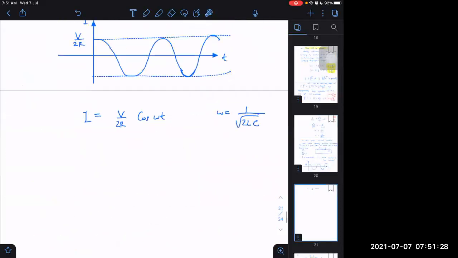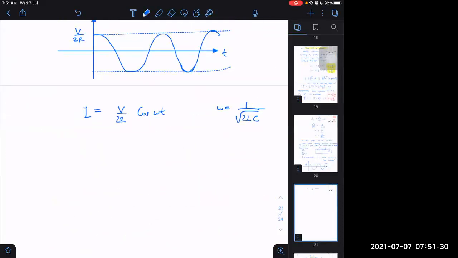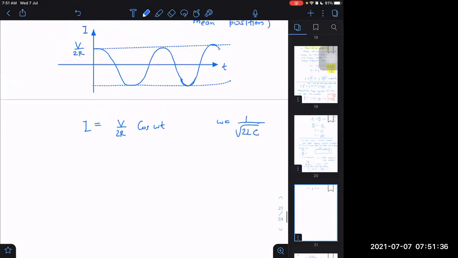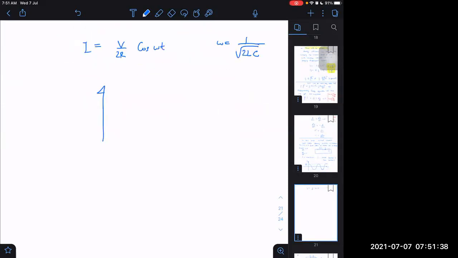So we are getting omega. Next, the charge we can get easily now after integrating dq by dt equals I. By integrating or by logically also I can tell. I know the initial charge is 0.